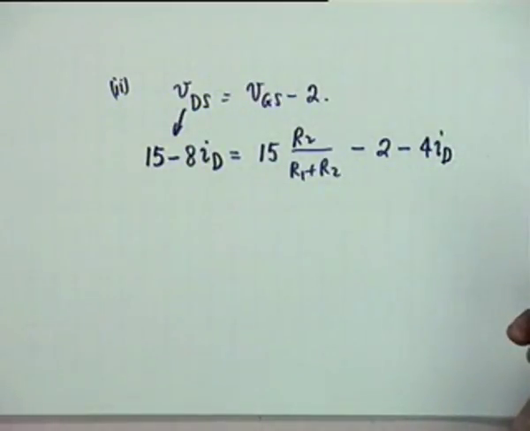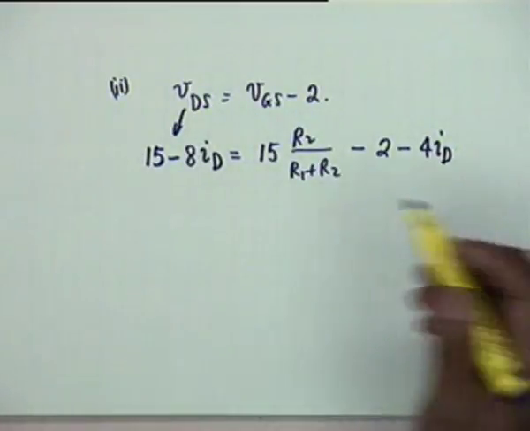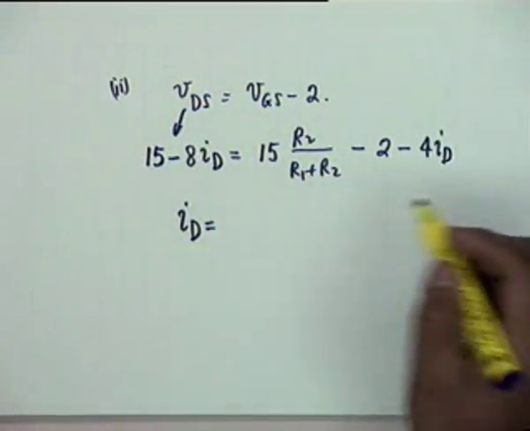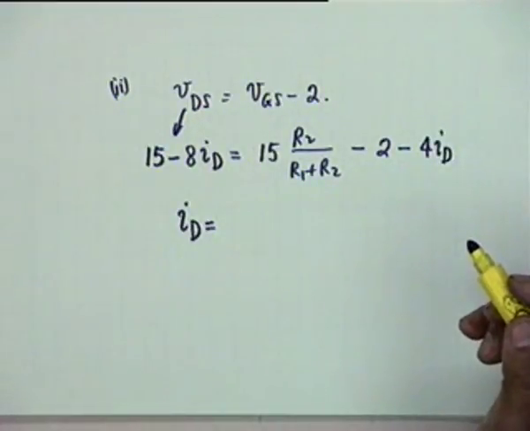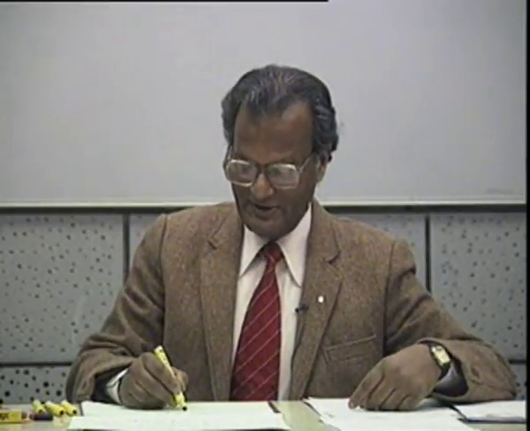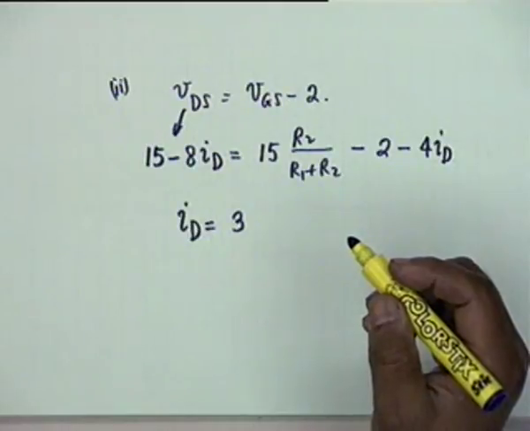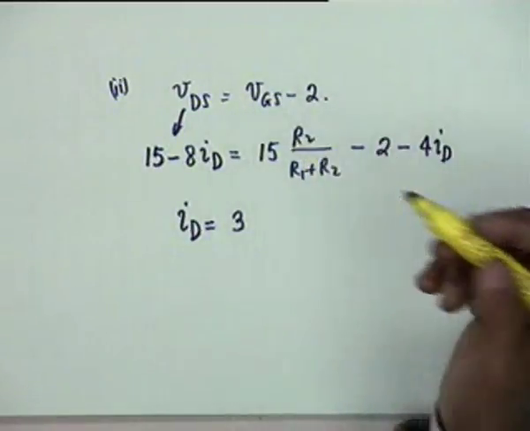Now you see, what is ID? ID is VGS minus 2 whole squared multiplied by 3. Agreed? 3 times VGS minus 2 whole squared.